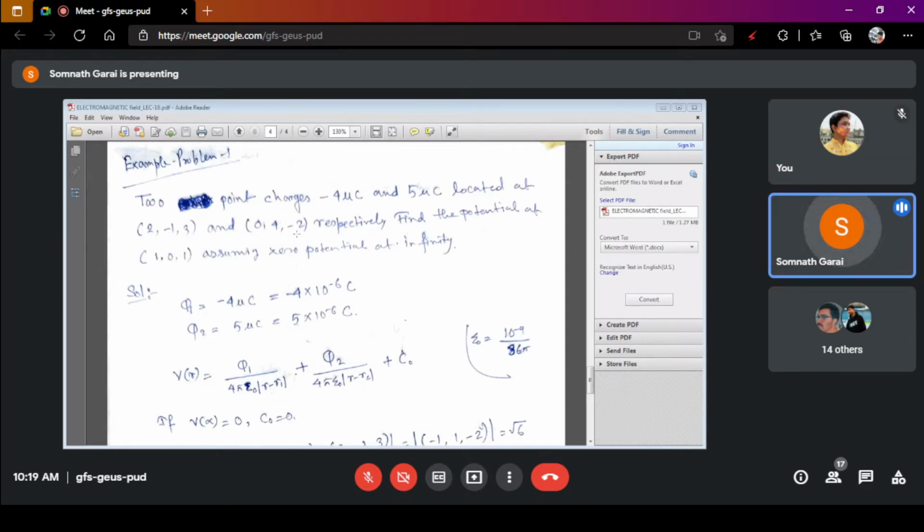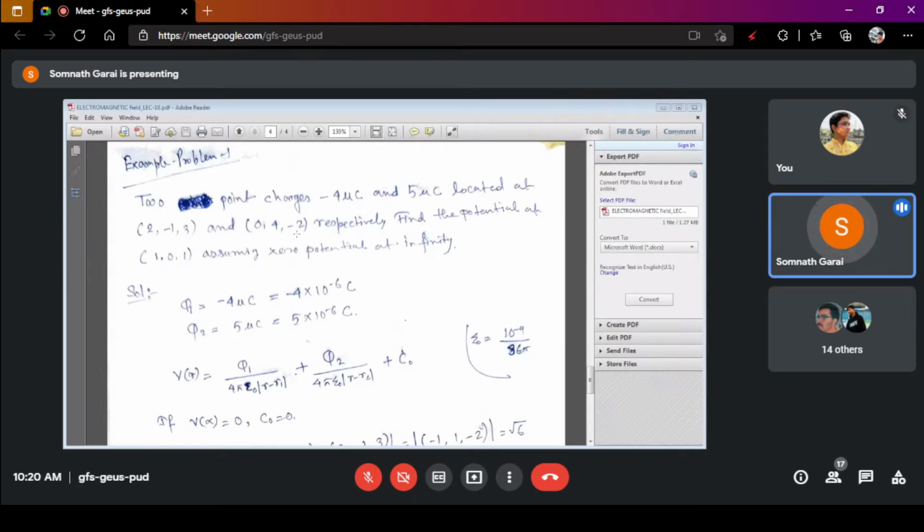Now we have to calculate the potential at a reference point, which is not the origin (0, 0, 0), but is situated at (1, 0, 1). That means x equals 1, y equals 0 and z equals 1.